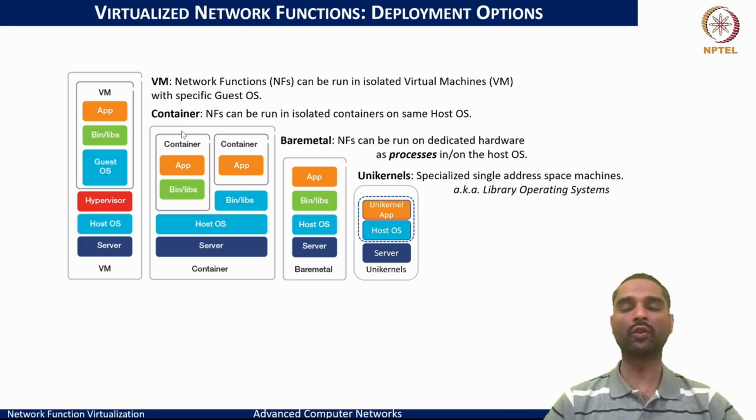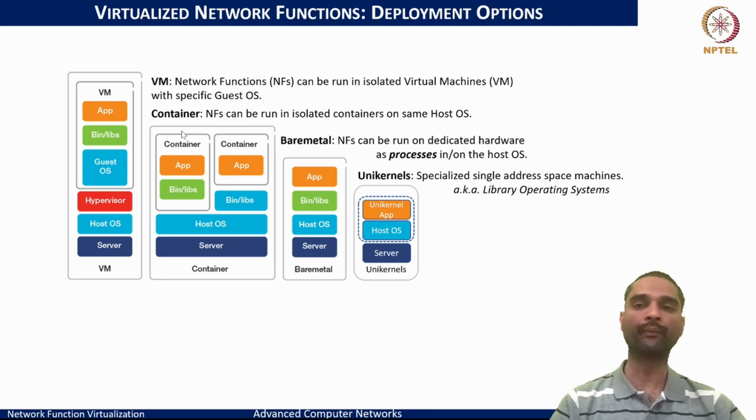And these unikernels are also called library operating systems. And one of the most celebrated works in this is ClickOS, as a means to develop network functions using the ClickOS infrastructure as a unikernel.